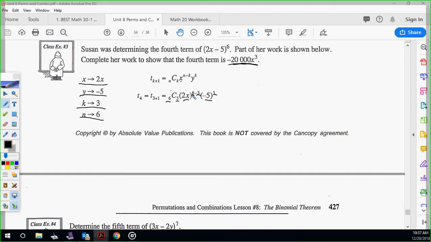So what we need to figure out now is what is 6c3. 6c3 is 20. You have 6 minus 3. A 2x cubed means 8x cubed. Do we understand that? You cube both pieces, right? And then you have a negative 5 cubed, which is negative 125.